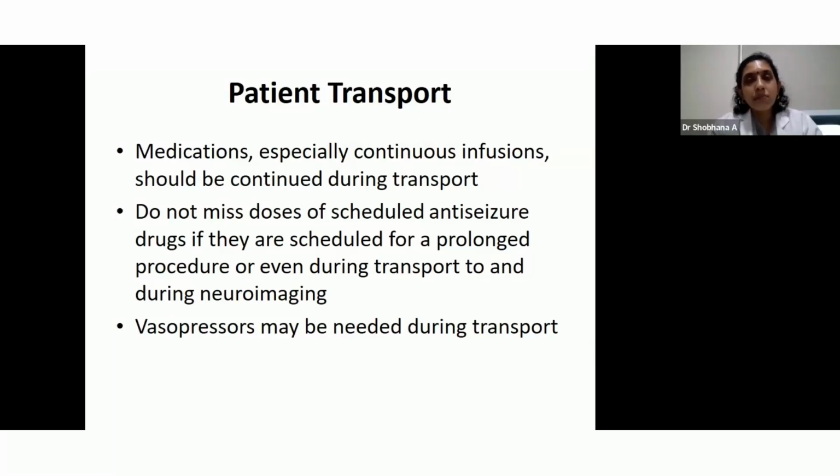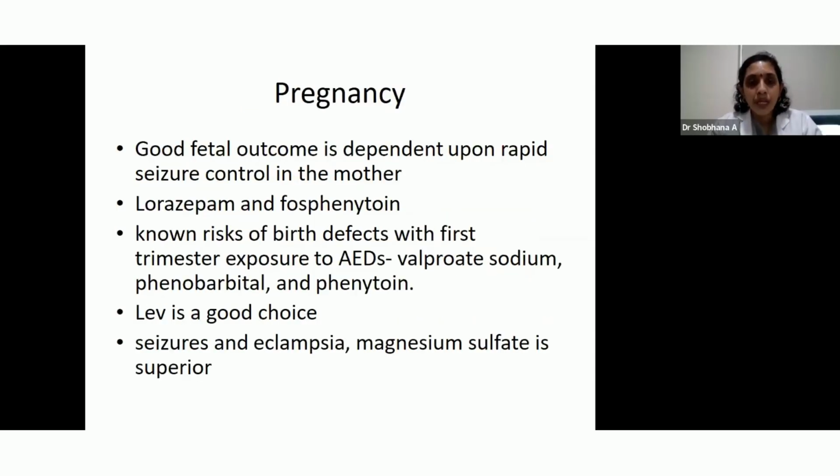So you must take the MRI compatible syringe pumps, etc., and the transport ventilators, or MRI compatible pulse oximeters, etc., monitors. And you may need to have vasopressors also, because if your patient is on propofol or midazolam infusion, the blood pressure may fall.